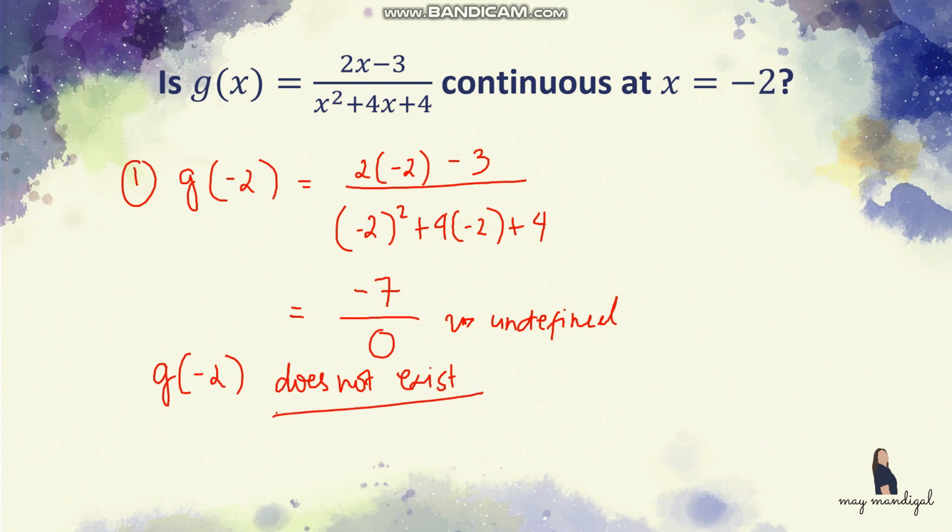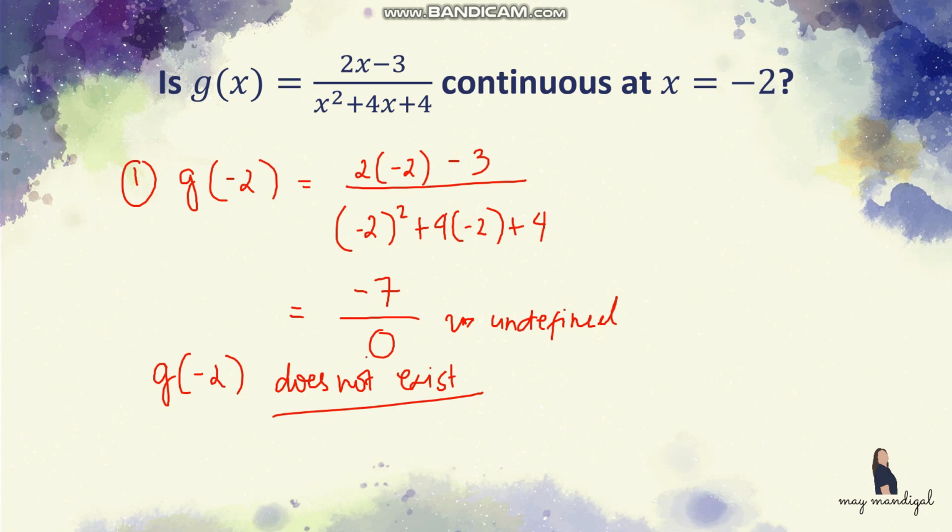Now, since g of c does not exist, it already violates the first condition, which is f of c must exist. So there's no need for us to continue, because the first condition is not satisfied.